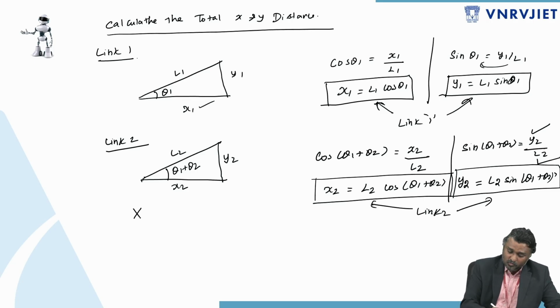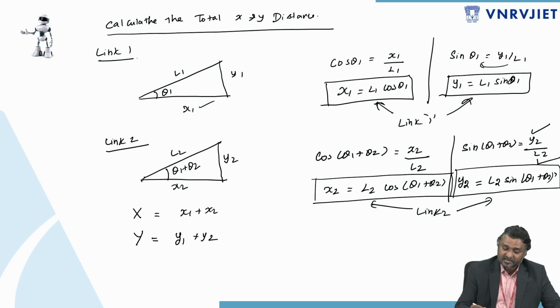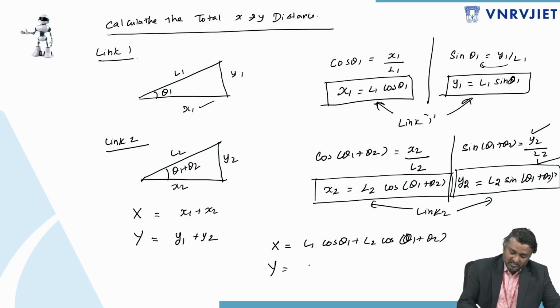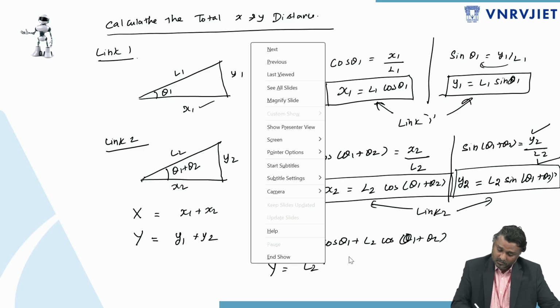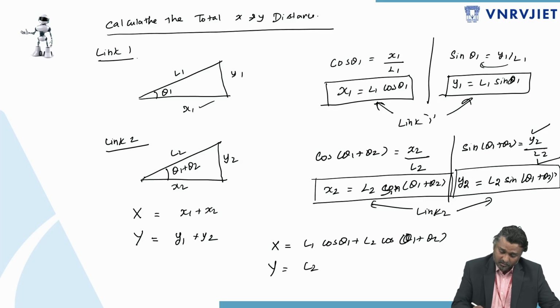Already I told you how to identify the end effector position, the total robotic system x distance: link 1 x distance plus link 2 x distance, and the total y distance is link 1 y distance plus link 2 y distance.